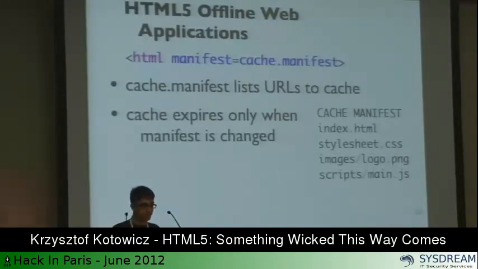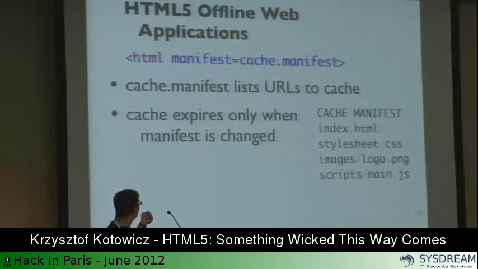And this cache manifest is a simple text file listing the documents or resources that should be downloaded and stored permanently in a separate cache from the usual HTTP cache within the browser's profile. And the tricky thing is that, unlike the usual HTTP cache, which has its own expiration rules, like for example, you can specify a maximum age of a document.